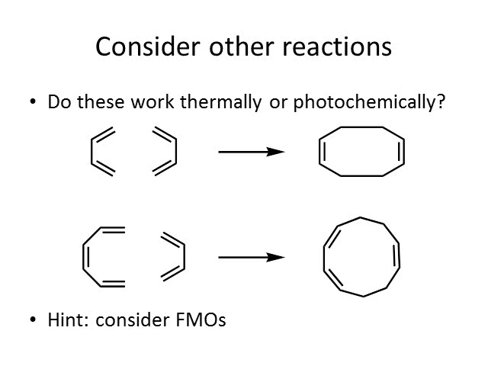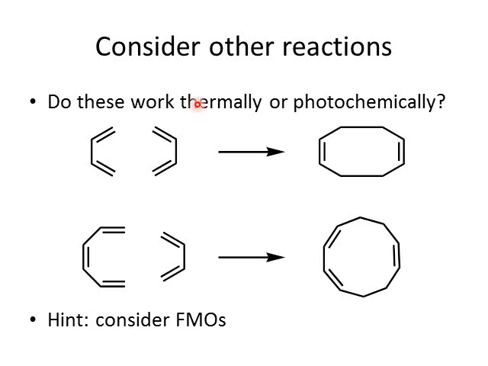We can go through and ask ourselves about other reactions, and it turns out the 4 plus 4 works photochemically, and if we analyzed the orbitals involved, we would find that to be true, and the 6 plus 4 works thermally. I'll let you work those out yourselves, but for thermal, consider the highest occupied of one and the lowest unoccupied of the other, and see if they work or don't, and you'll find they work for this one and they don't work for this one.